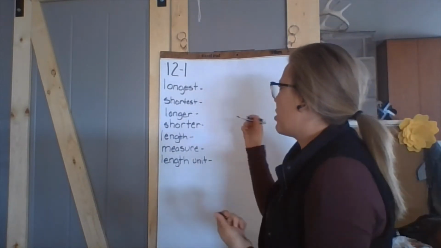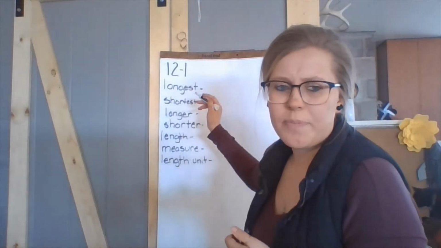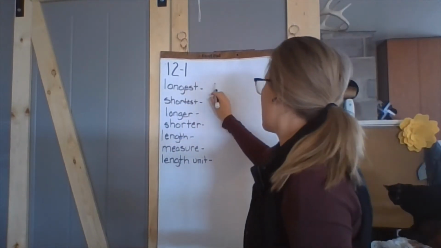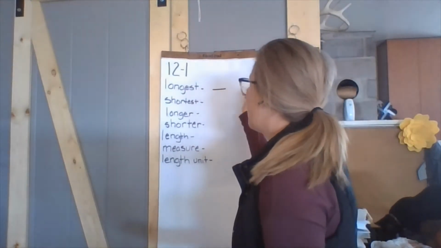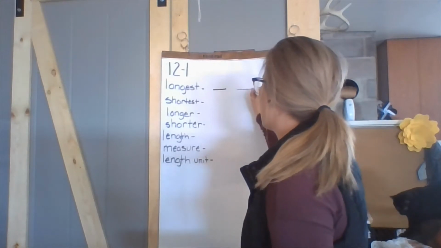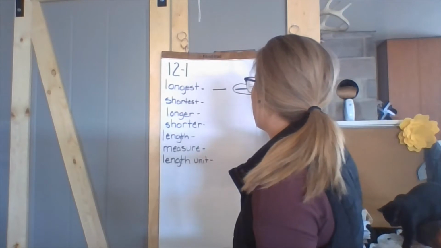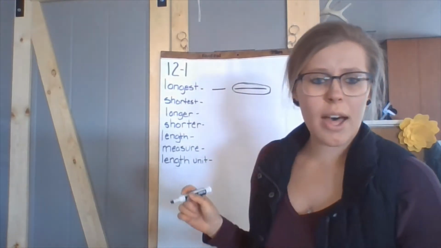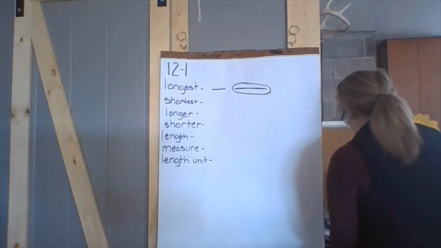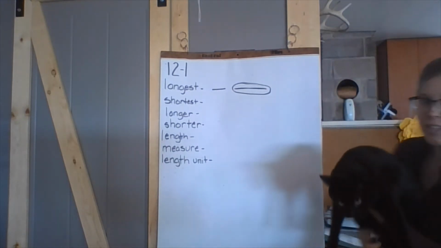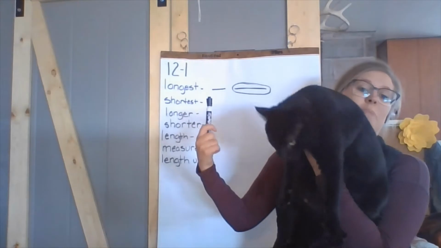So what we'll normally do is I'll just draw a picture of two things where we have one line and then we have another line. What it is by longest is you're just looking at the bigger item. Bear's trying to come in our video too. So, for example, Bear is longer than my pen.